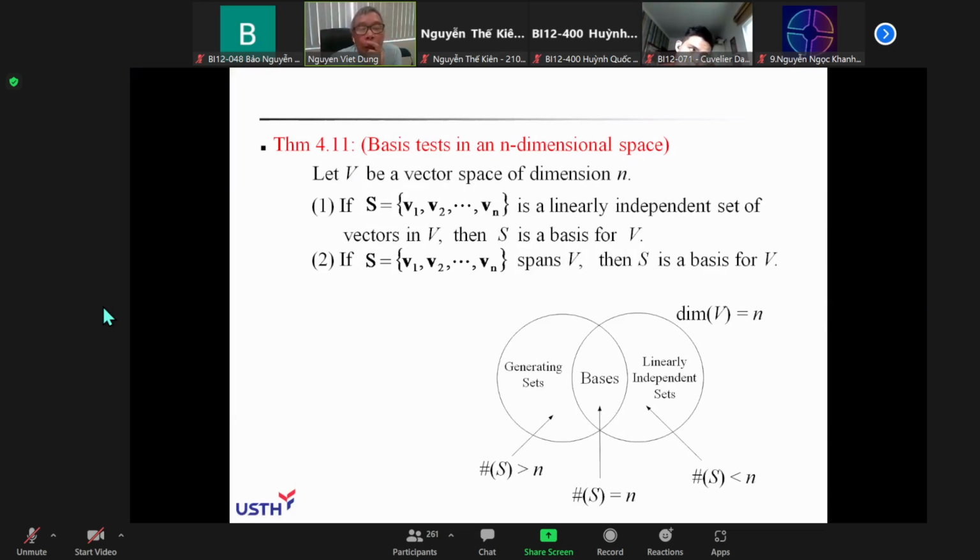Here is what we know already. That is, we can verify whether a set S is a basis by verifying only one of the criteria, one of the conditions in the definition of a basis.